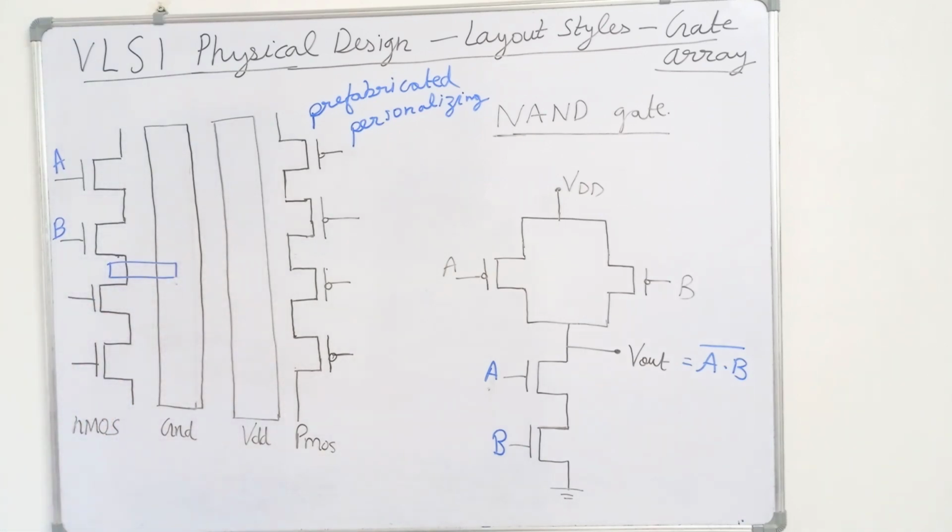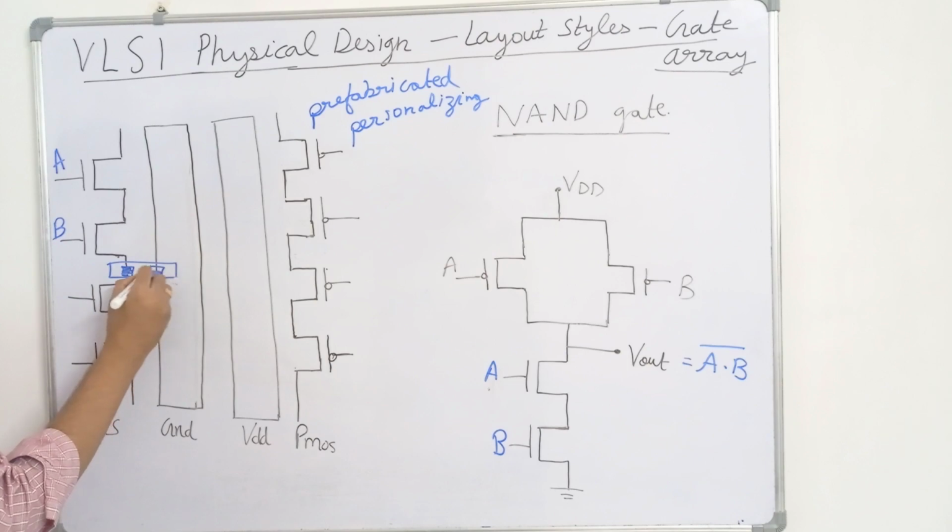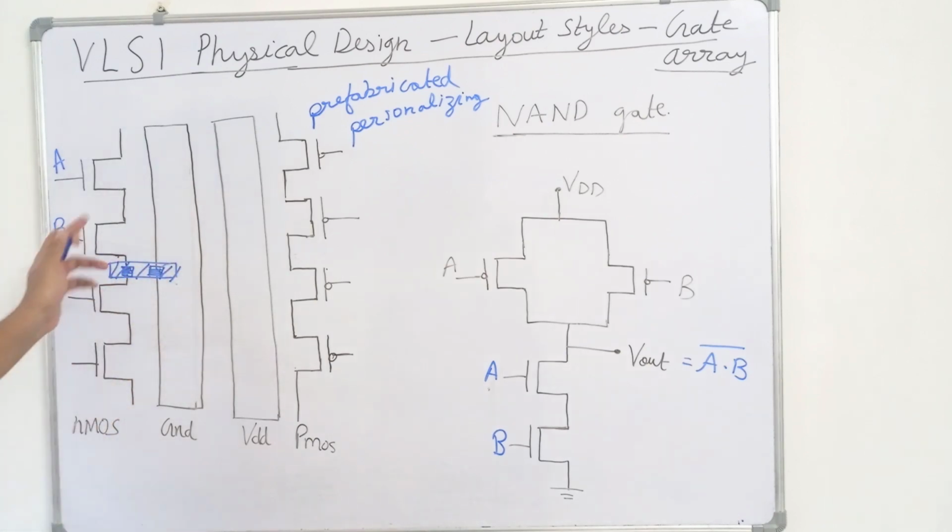We have connected this transistor B to the ground. You can also make the metal connections, or show the connections, like this. So this means that B is connected to the ground.